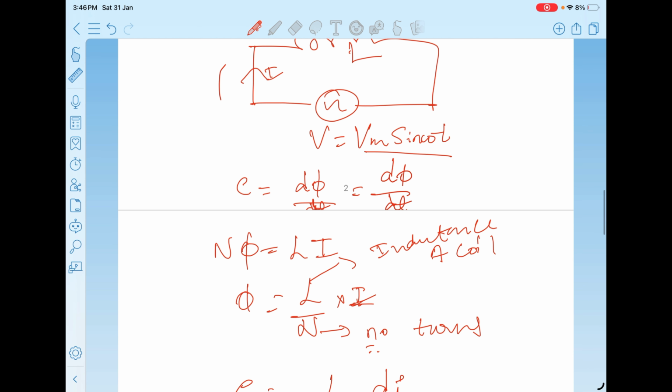Because of this, what will be the current direction? I = Im, and L/N is a constant, and the derivative of sin ωt is cos ωt.